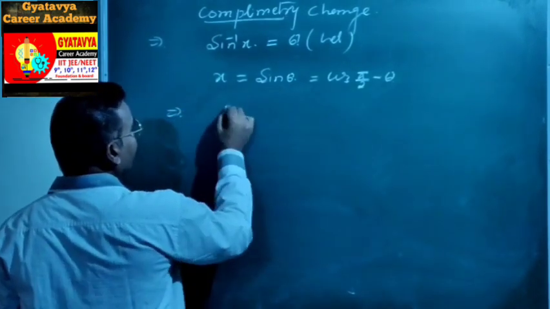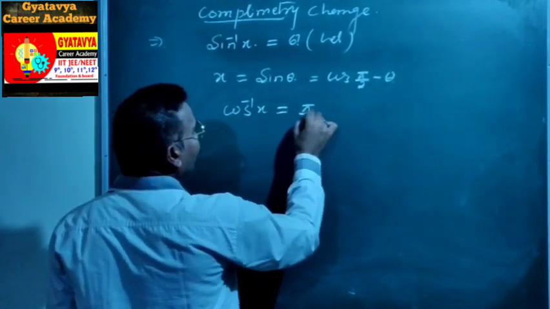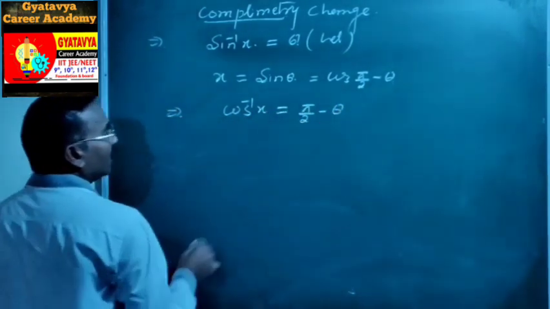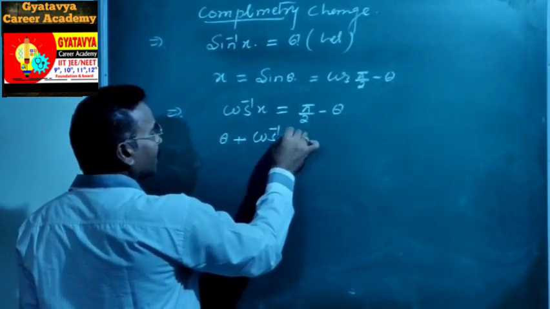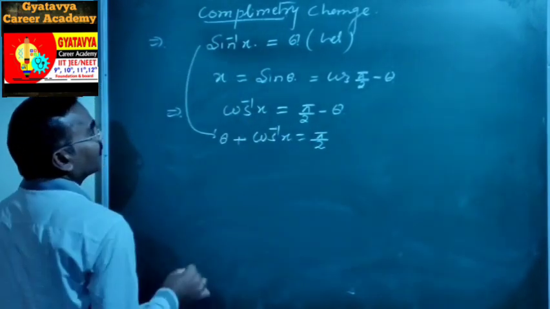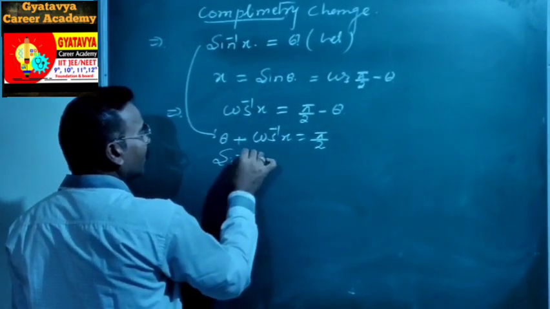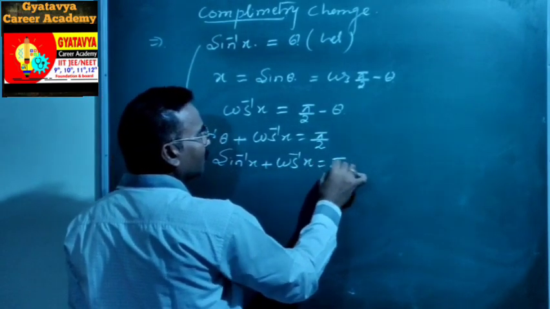So the inverse function is cos inverse x is equal to pi by 2 minus theta. Okay, so theta plus cos inverse x is equal to pi by 2. And what is theta? Theta is sine inverse x. So sine inverse x plus cos inverse x is equal to pi by 2.